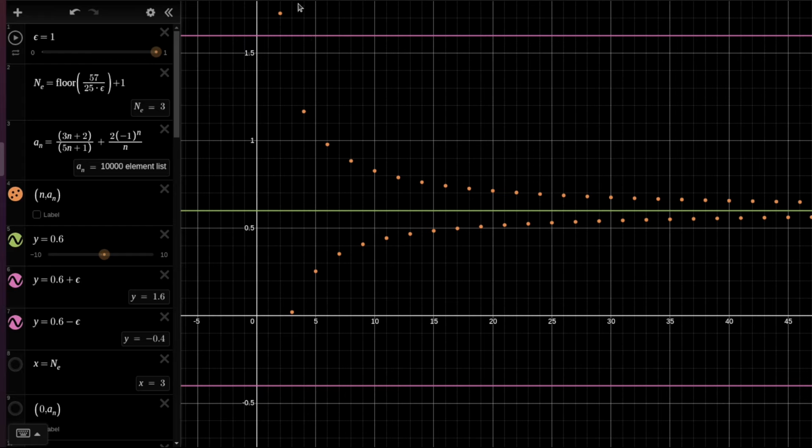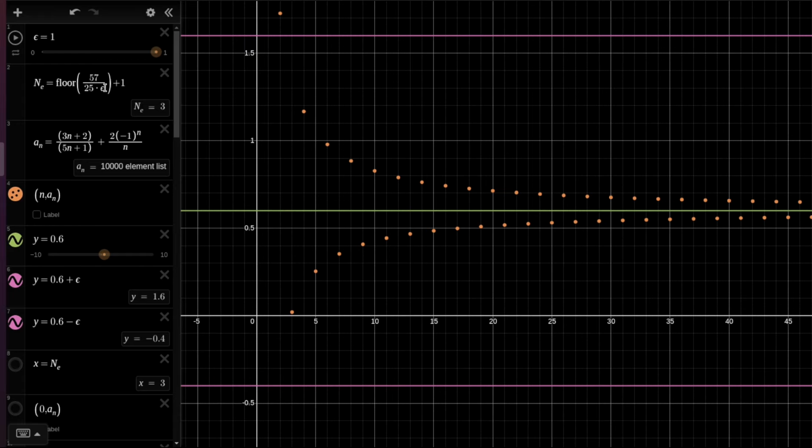So all the elements of the sequence starting, say, from 2 or 3 here, lie between those two lines. They're smaller than 1.6 and bigger than minus 0.4. Okay, and this can be done for every epsilon, and we have in fact shown that there is a way to compute this n of epsilon for which this holds. So let us now take this value here, it's 57 over 25 epsilon.